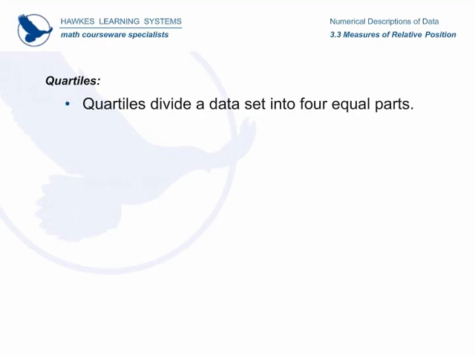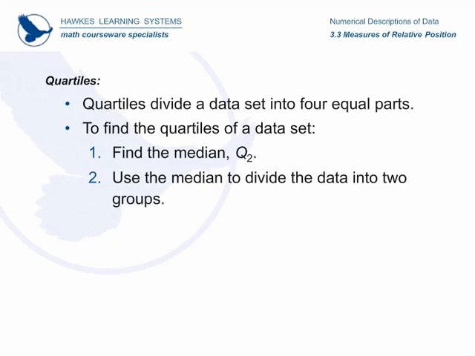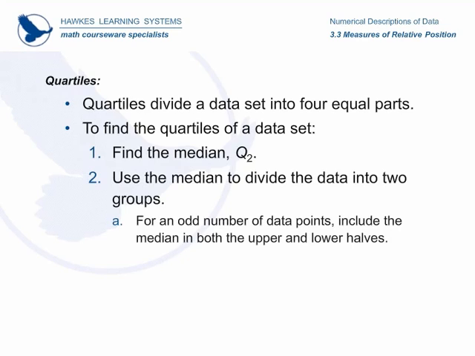Quartiles divide a data set into 4 equal parts, or quarters. To find the quartiles of a data set, first we want to find the median, and we know the median is the middle value, and that would be represented by Q2. Next, we want to use the median to divide the data into two groups.